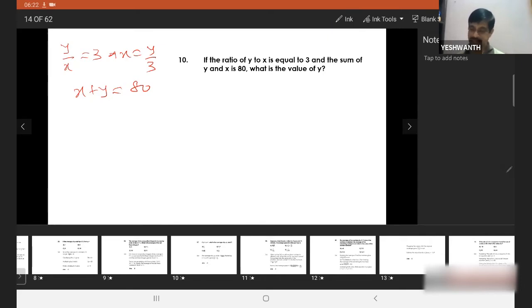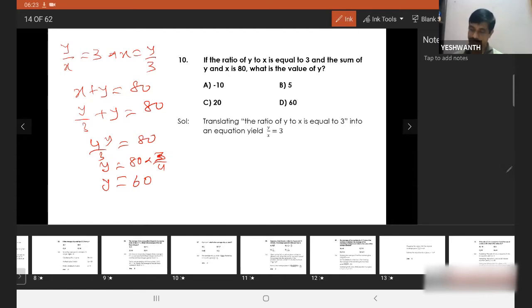I'll replace x by y by 3, so y by 3 plus y equals 80. So 4y by 3 equals 80, and y equals 80 into 3 by 4. 20 into 3 is 60. Y is 60, option D.